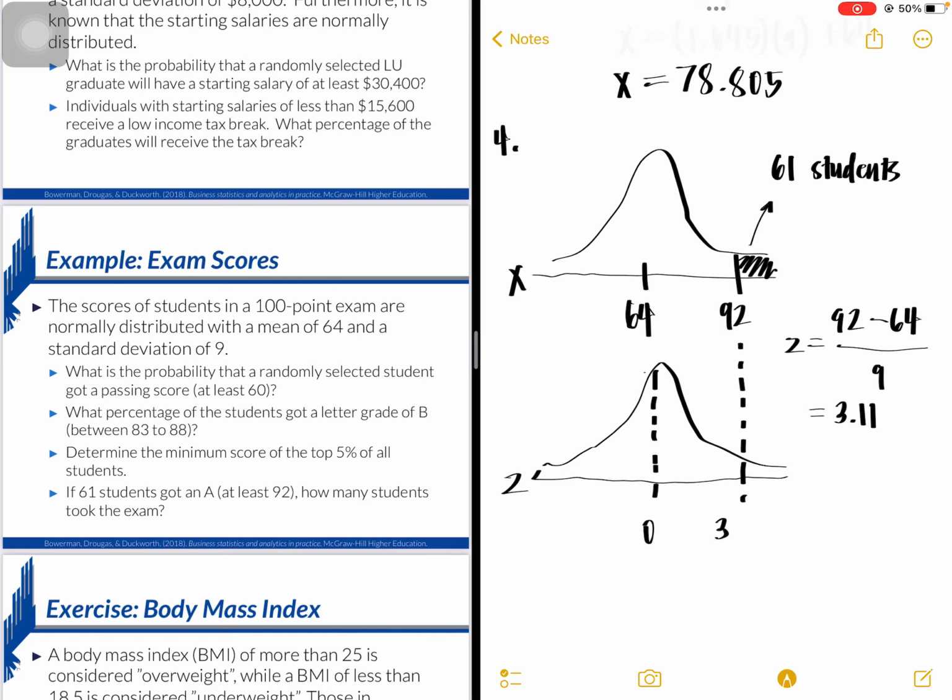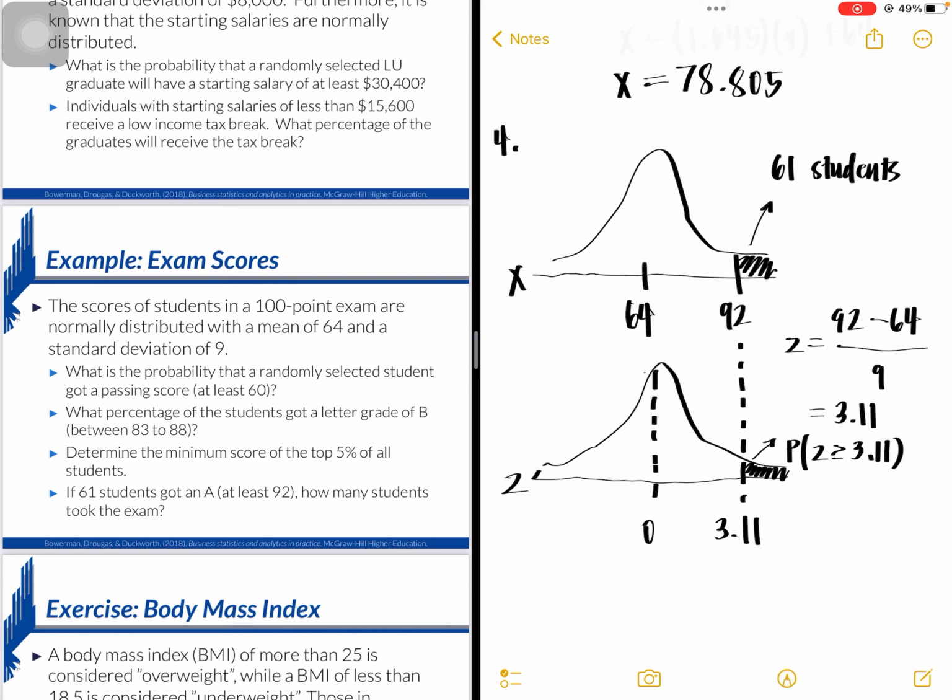So the z-score at this point is 3.11, and now that we have the z-score, we can determine this area, right? That area is basically the probability that z is at least 3.11.